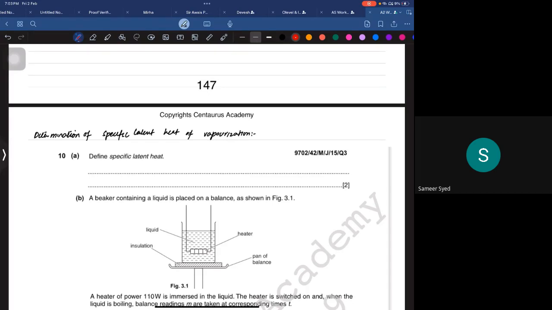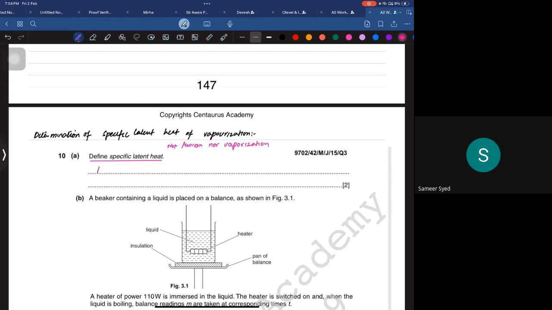So specific latent heat. Now, if you see this definition, it's talking about just latent heat, not fusion nor vaporization. Because it's not talking about both of these, then we need to write it in general terms. Now, how do we do this?